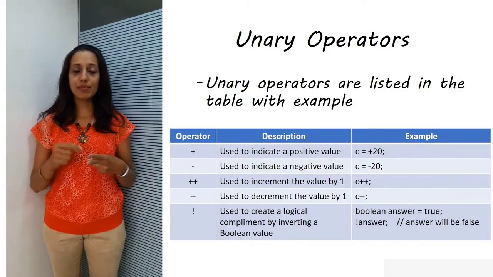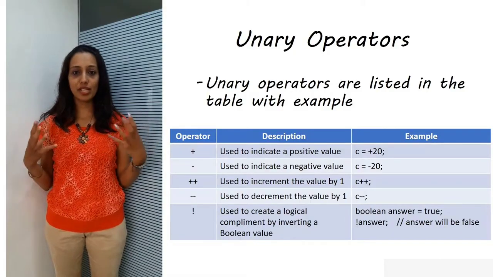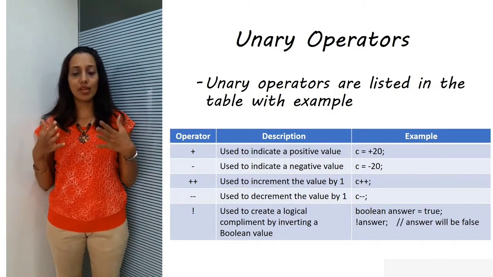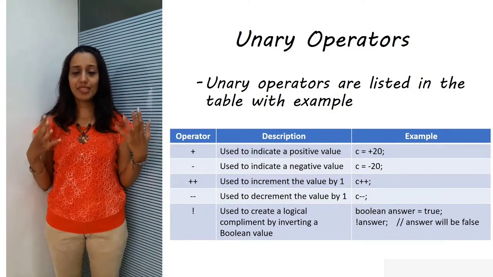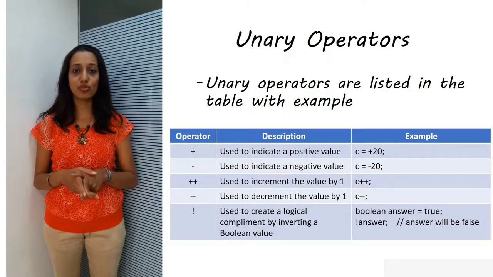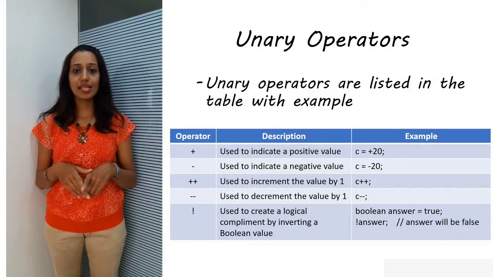Next, we can see the plus plus and the minus minus operators, which I told you are used to increment or decrement the value of a variable by 1. And the last one, the exclamation symbol, is used to create a complement, or you can say invert the value of a Boolean variable.